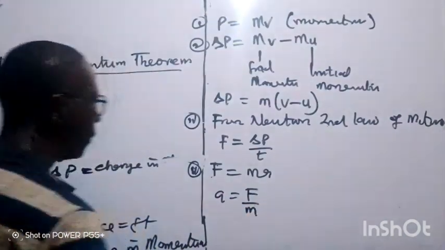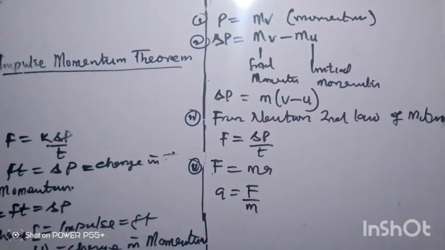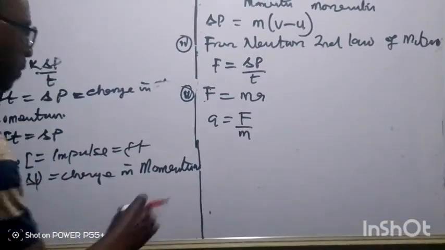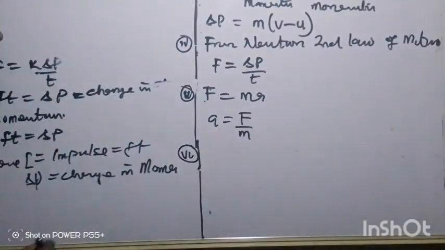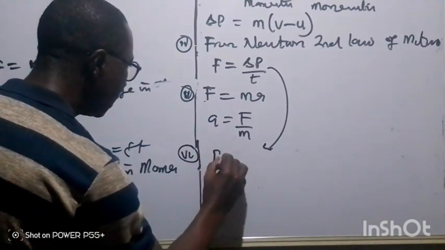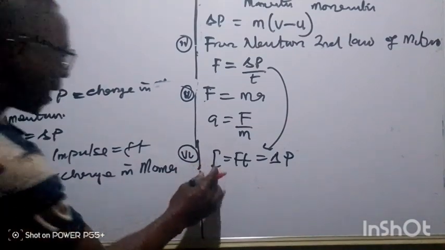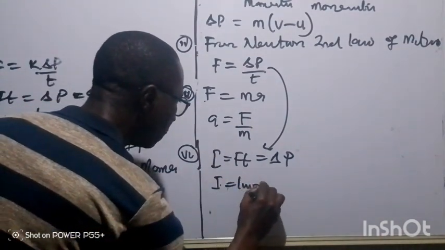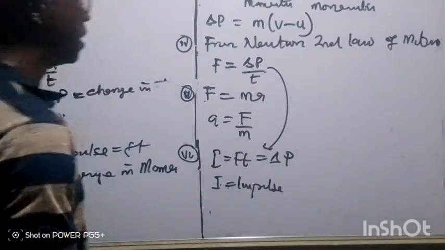This explains the effect of force and mass of an object on its acceleration. From there, number 6, we have I is equal to Ft, which is equal to delta P, where I is impulse and delta P is change in momentum, as we said the other time.